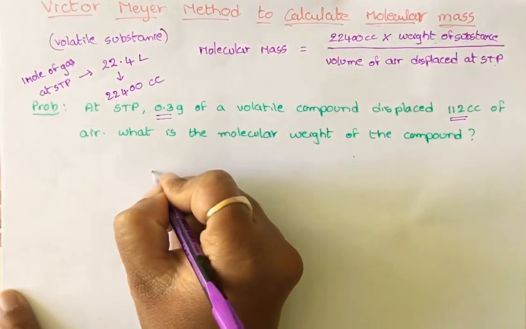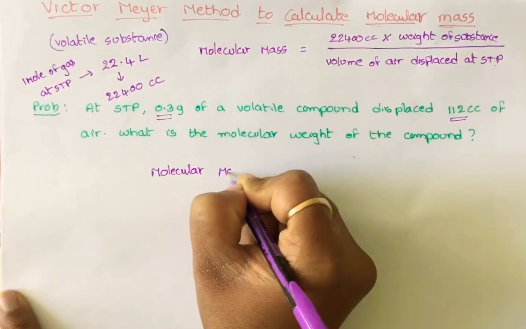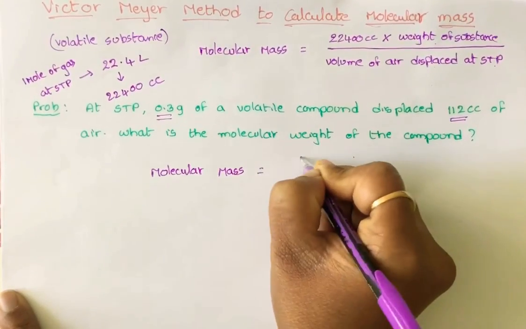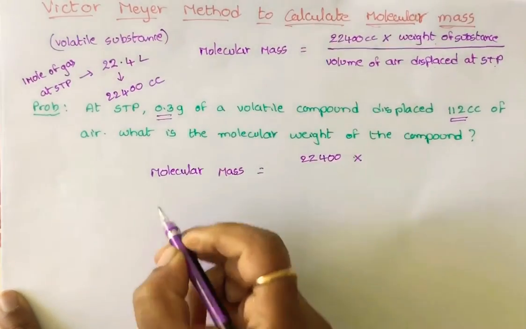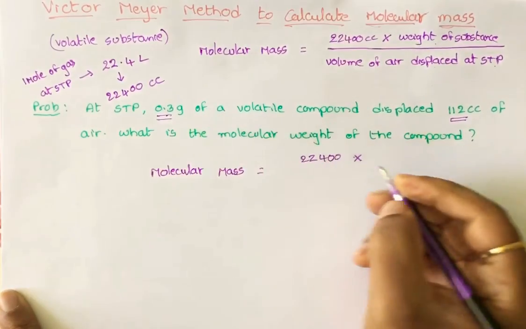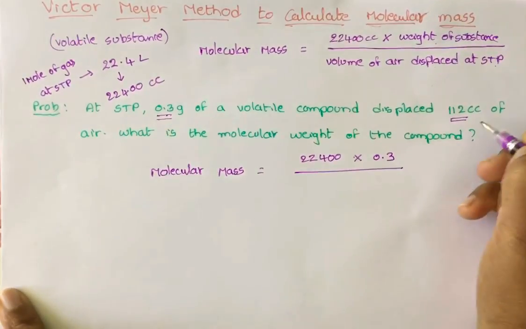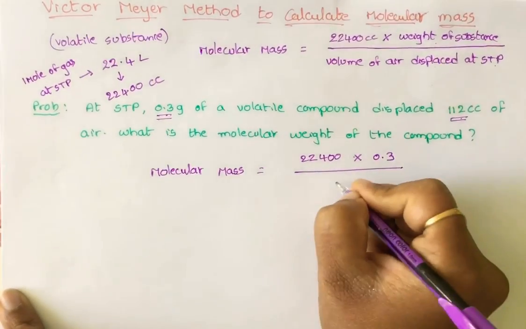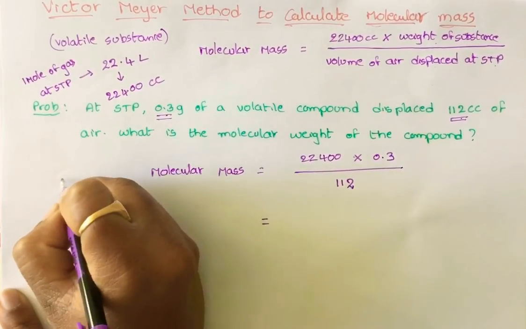How can we calculate? Molecular mass is equal to, we know the formula, that is 22,400 multiplied by weight of the substance, that is 0.3 grams, divided by volume of air displaced, 112. Simply substitute. So you just know what parameters they gave.